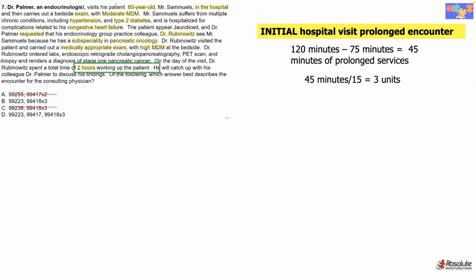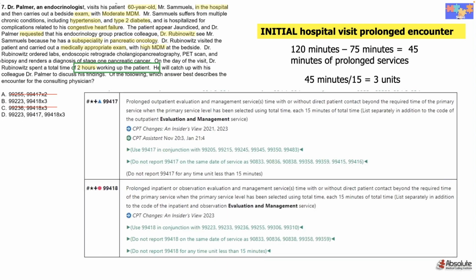Now, let's determine the number of units that we need to code for. If you have 45 minutes of prolonged time, these codes are classified in 15-minute units. So all you have to do is divide your prolonged time by 15 minutes, and your answer is 3. So 45 divided by 15 is 3.